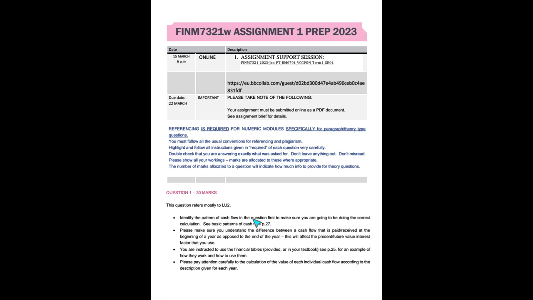In the copy of the textbook that I've got, which I think is a 2020 book, the page numbers might be slightly different to yours, but you'll find them within a page or two. On page 27, you've got that paragraph in the middle of the page called Basic Patterns of Cash Flow.